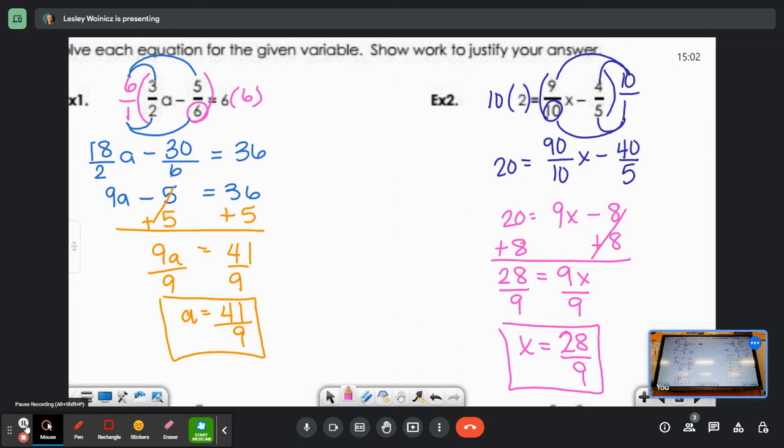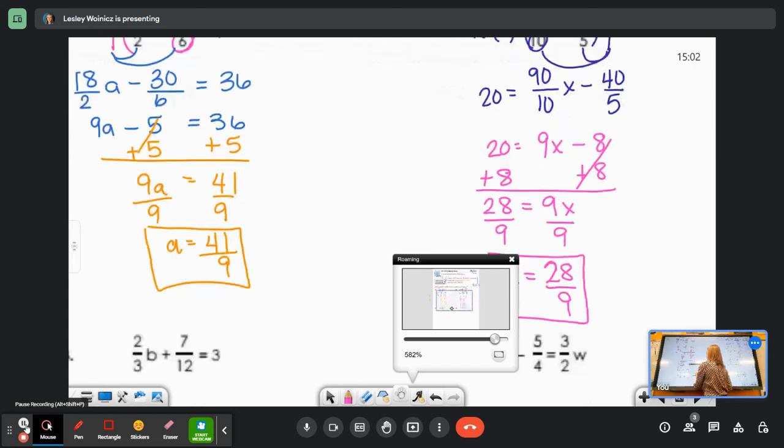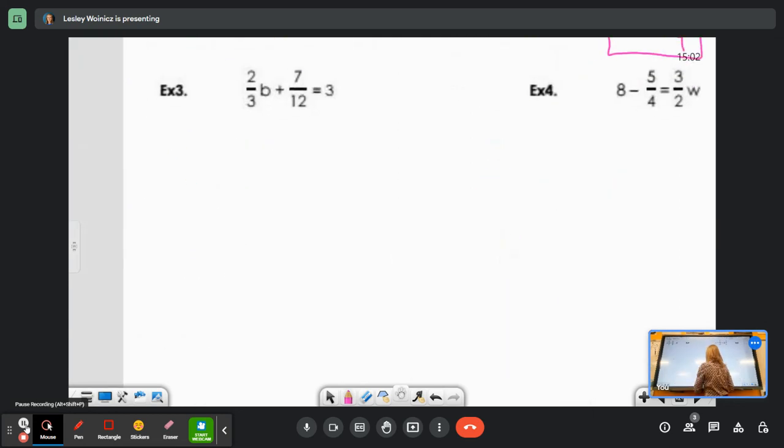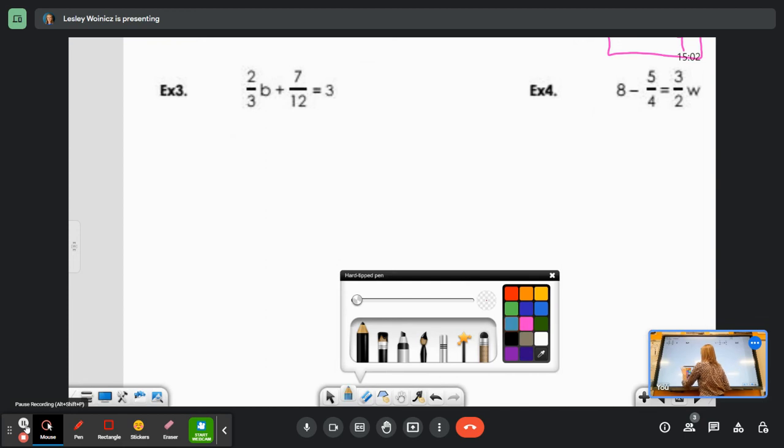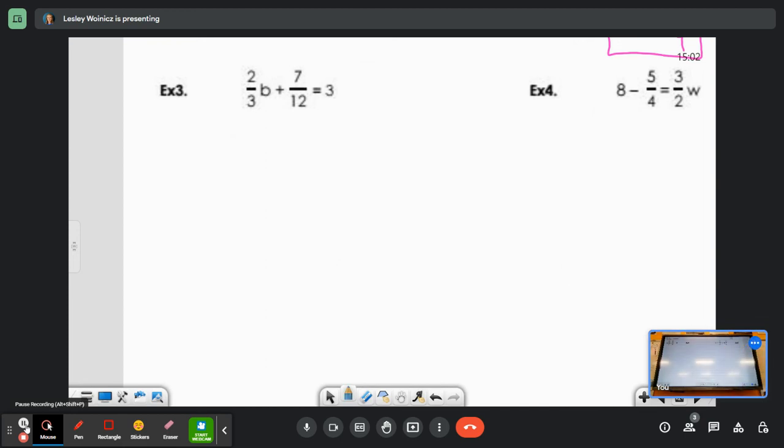Okay, so we're probably going to get some weird numbers on this homework assignment with these clearing fractions. Fractions are numbers too. Okay. What do we do first?